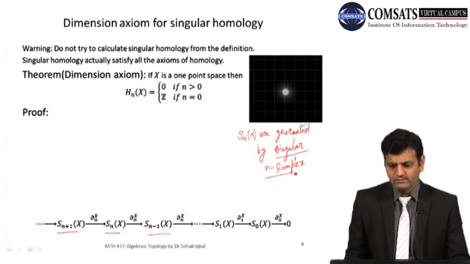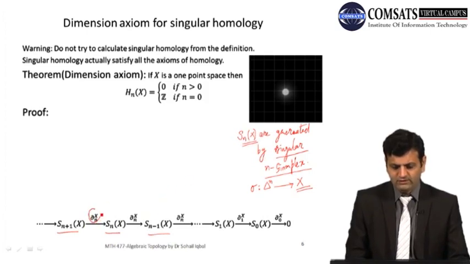What is a singular n simplex? A singular n simplex is basically a continuous function from the standard n simplex to the topological space X. So this is generated by all singular n simplices inside this topological space X, and similarly we can define S_{n+1}(X) and so on.